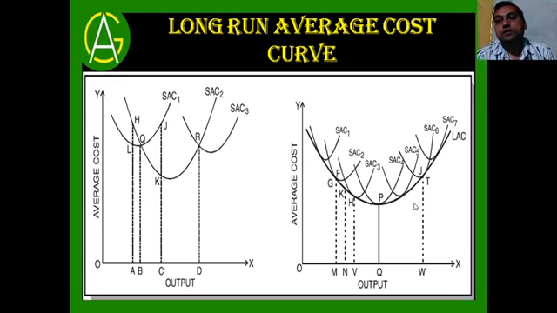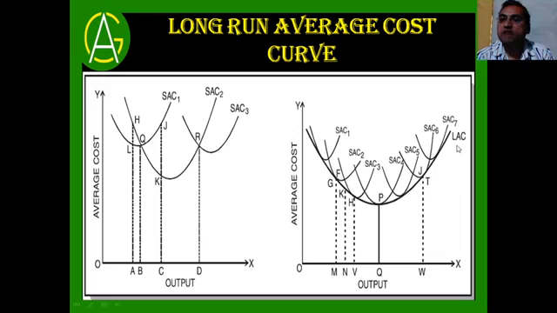Second thing, they can ask you the name of long run average cost curve. Long run average cost curve is named as planning curve. This was plant curve, this is planning curve. Another name of long run average cost curve is envelope curve.